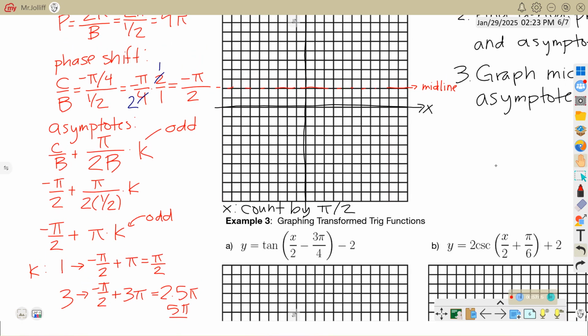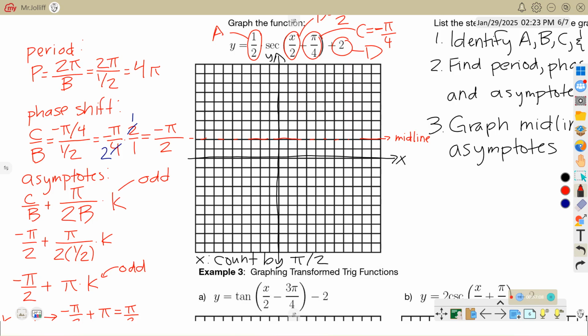So I'm going to shift my graph back down. Pi over 2, that's what I'm counting by. So positive pi over 2 is 1 spot over from the y-axis. That's my pi over 2 grid line. One spot sideways, because each box is half a pi. So that's pi over 2. Next one is 5 pi over 2.